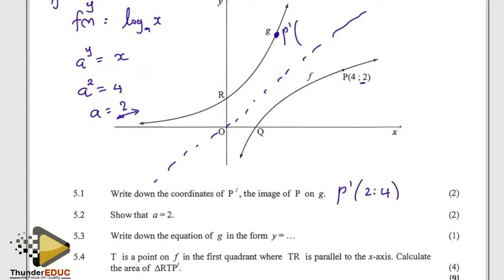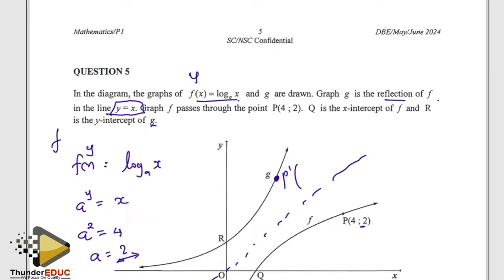Then 5.3. Can we write the equation of g in the form? Now remember, g is the inverse of f. So usually, if we have an exponential, for us to write it as an inverse, we use the logs. Let's just switch them around.